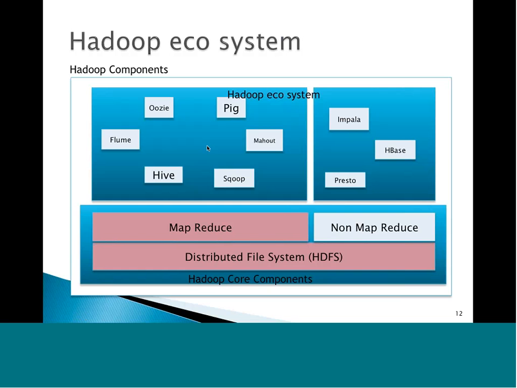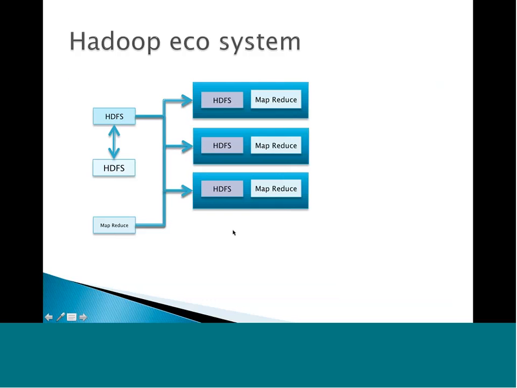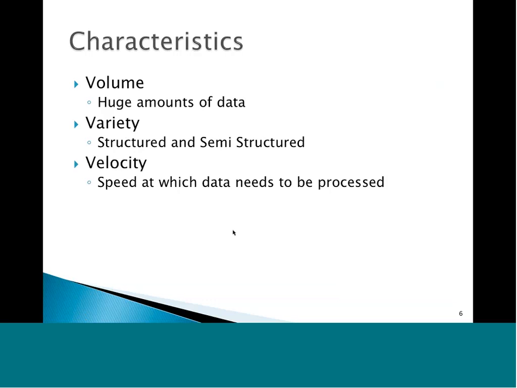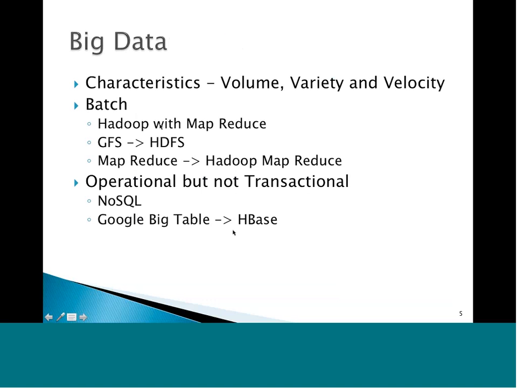Okay, this is how the Hadoop ecosystem will look. So far we have spoken about the distributed file system HDFS and distributed processing MapReduce. These 2 are core components because they were developed in tandem. But MapReduce, as I have specified in this slide, is for batch processing.